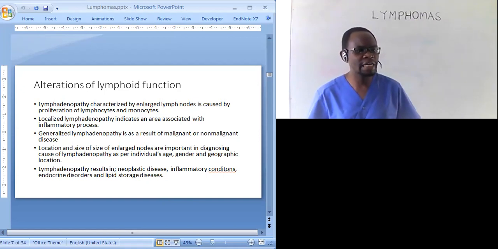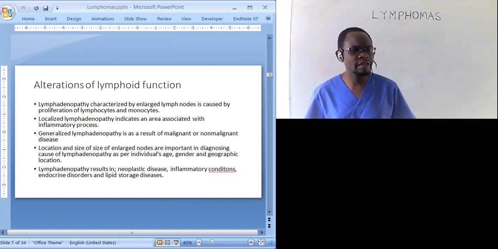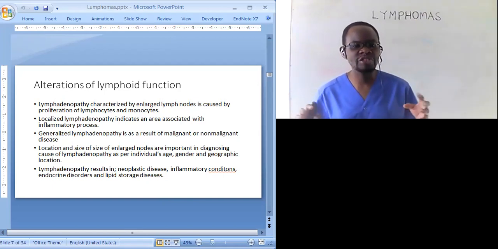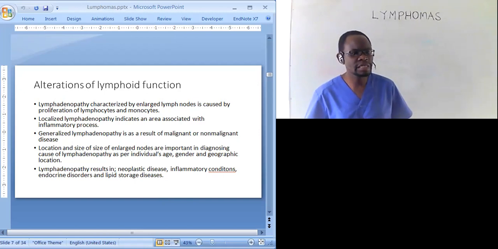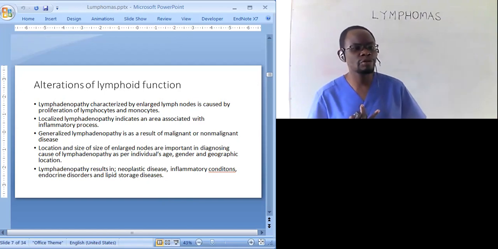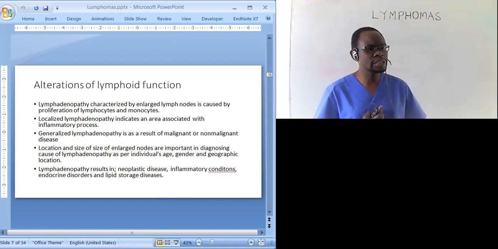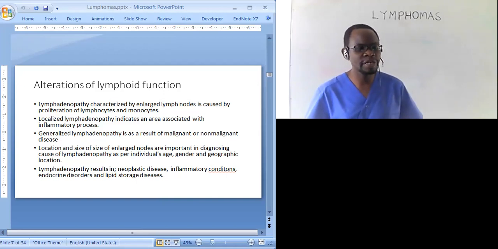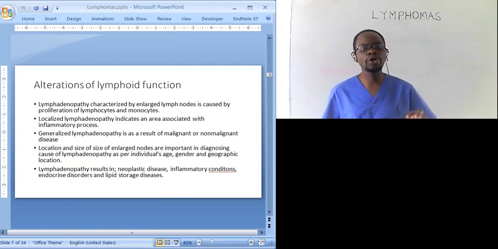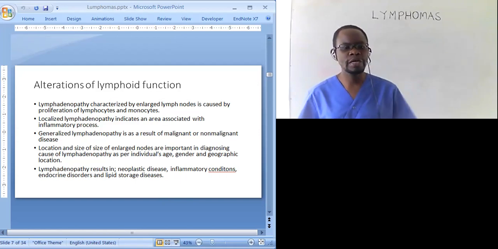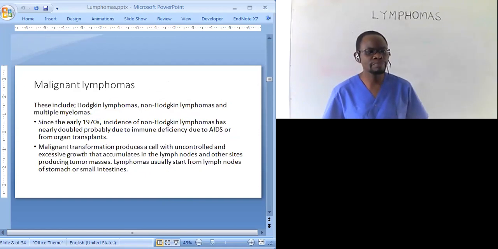In lymphadenopathy we basically mean enlargement of these lymphatic structures, and these can be as a result of neoplastic disease, inflammatory conditions, endocrine disorders, or even lipid storage diseases. But today we are going to mainly concentrate on neoplastic conditions that bring about lymphomas.